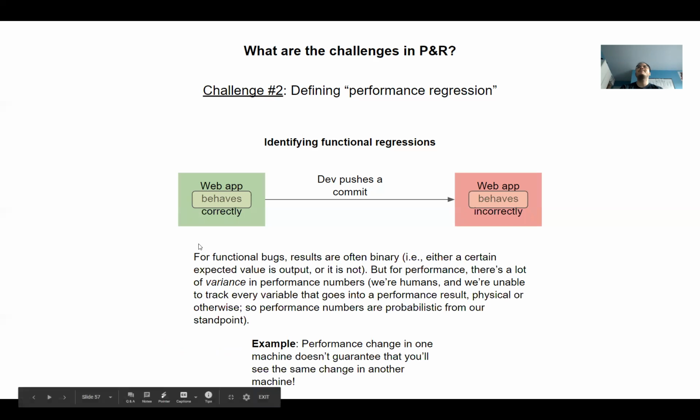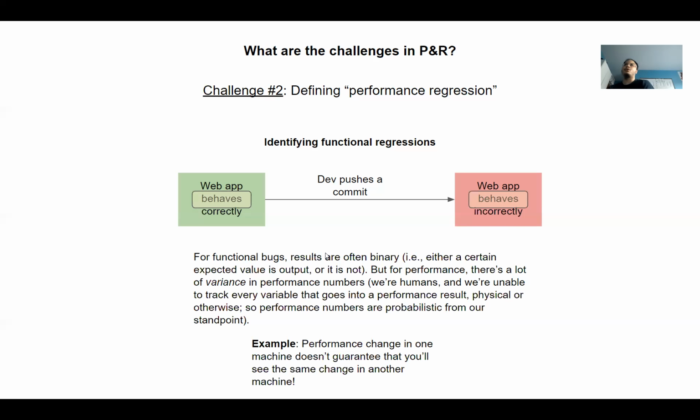There's also this aspect of the behavior of the program, right? As I mentioned earlier, for functional bugs, the results are often binary. So it's either correct or it's not correct. Either a certain expected value is output, or it's not output. But for performance, there's actually a lot of variance in the performance numbers.